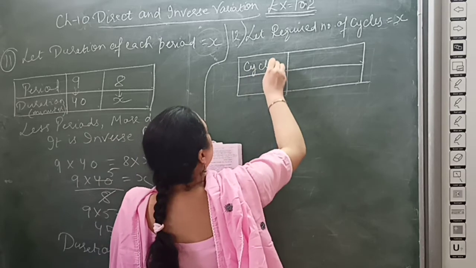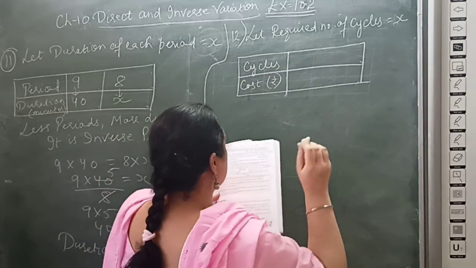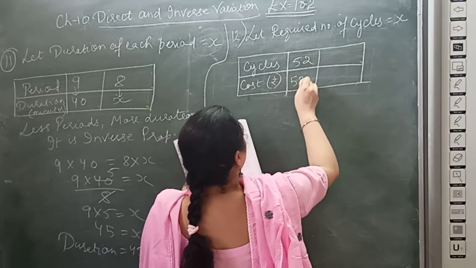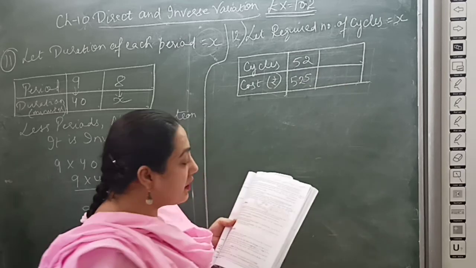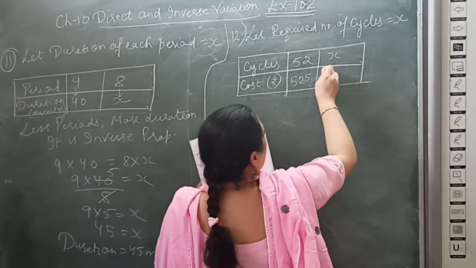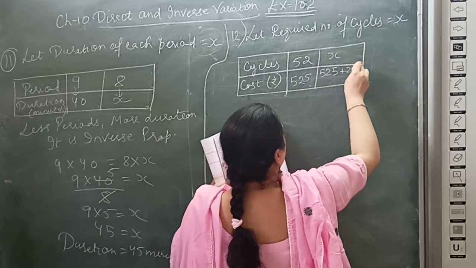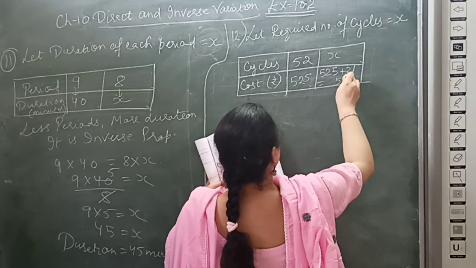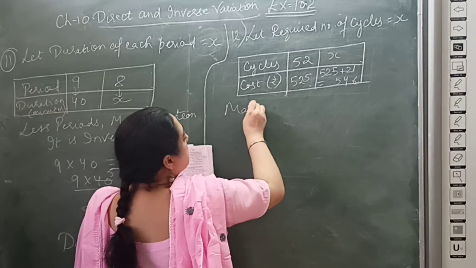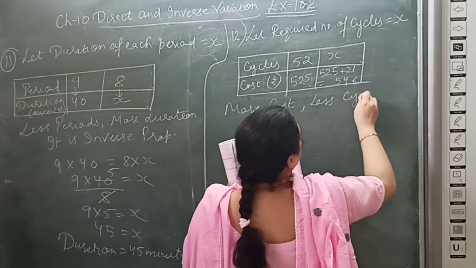Again we make a table. Cycles and cost. Cost is in rupees. First of all, we have 52 cycles and its cost is 525. Now because the cost of each cycle is 21 more, I add the 21 and 525 and I will get the cost now. It is 546. Now more cost, less cycles.